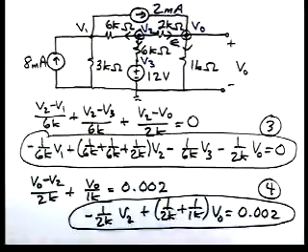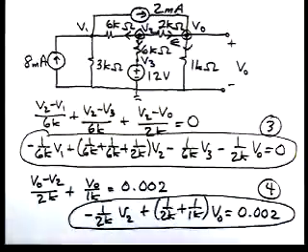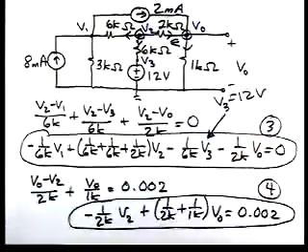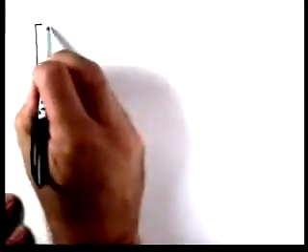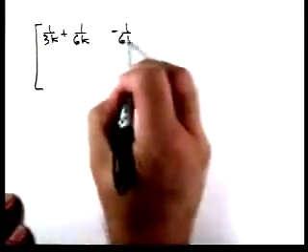So now we've got our four equations. There's the first two. Here's the second two. Now, to simplify things a little bit, since one of our equations is very simple, that's just V3 equal to 12, I'm going to make the substitution in here. So we only have to solve three equations, three unknowns. In other words, we only have to type in a 3x3 matrix in MATLAB instead of a 4x4. So if we do that, here's our equation in matrix form to enter in MATLAB.